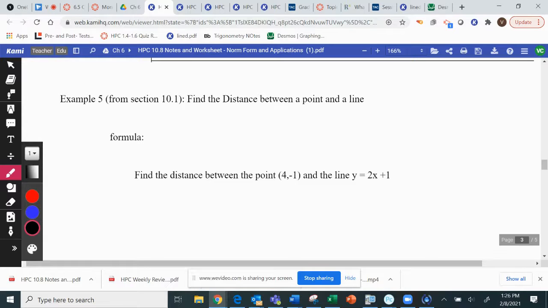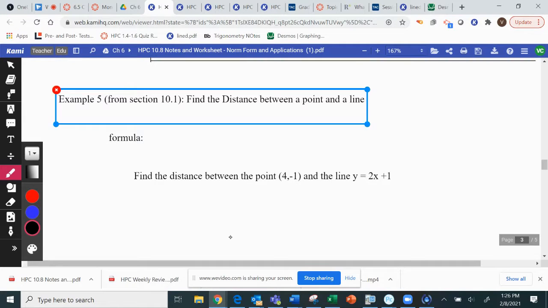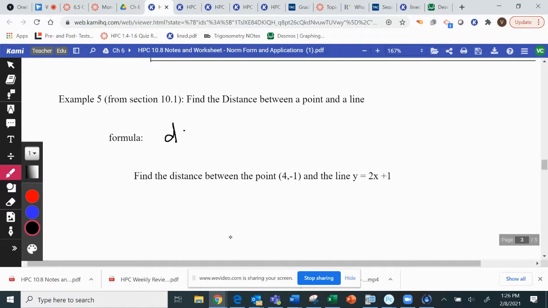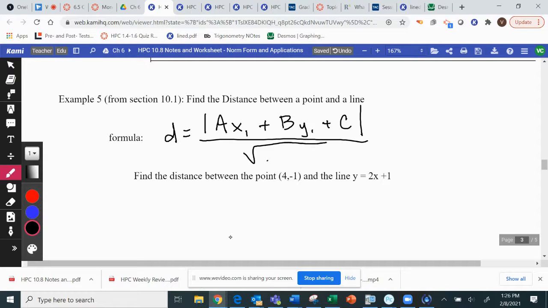We're going to find the distance between just a point and a line in general. And there's a formula for that. D equals the absolute value of A x sub 1 plus B y sub 1 plus C, all over the square root of A squared plus B squared.